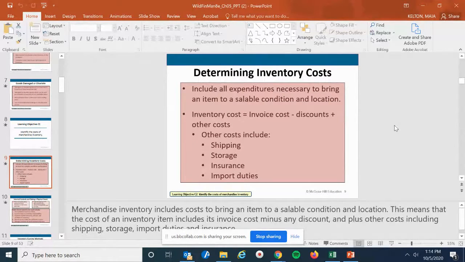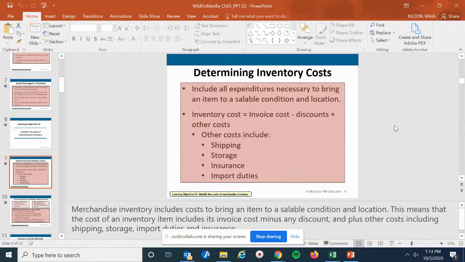The generally accepted accounting principles allow some other costs to be included in the inventory cost. So the invoice cost is only the starting point when calculating the total inventory cost. In my example, the $1,000 is the starting point. To that invoice cost, we will be adding some other costs.